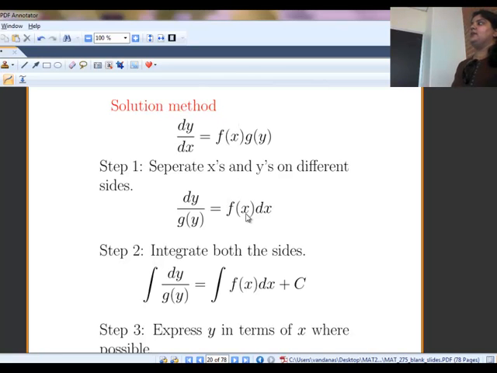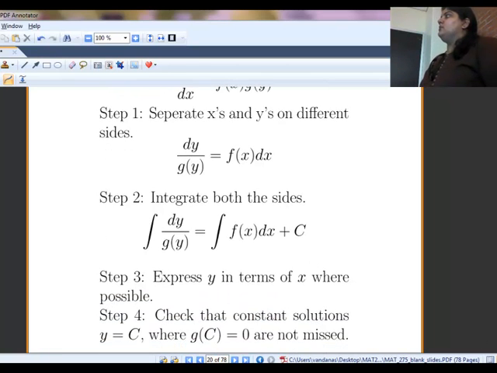Now you can see you can integrate both sides. If you integrate both sides, then you will have a constant of integration by the fundamental theorem of calculus, and then you simplify for your function y. That's a solution.